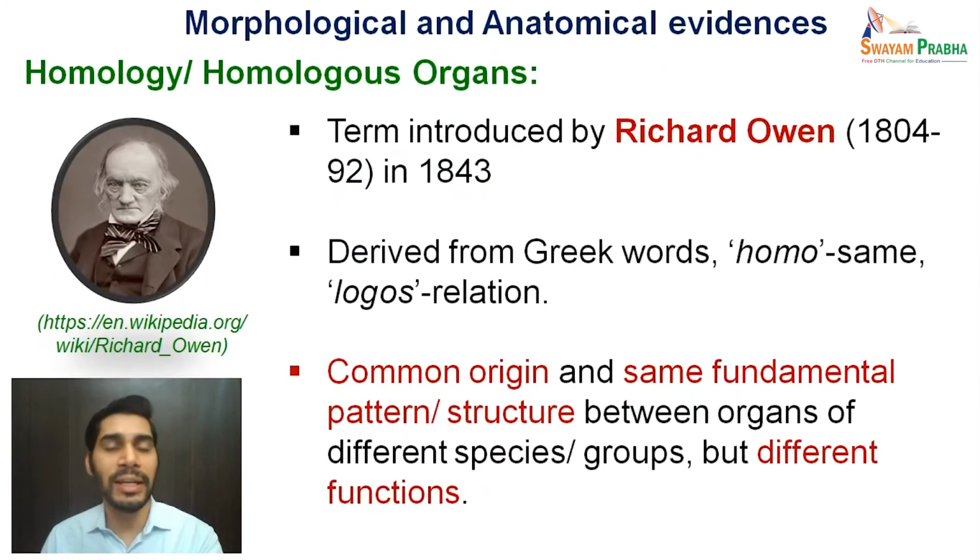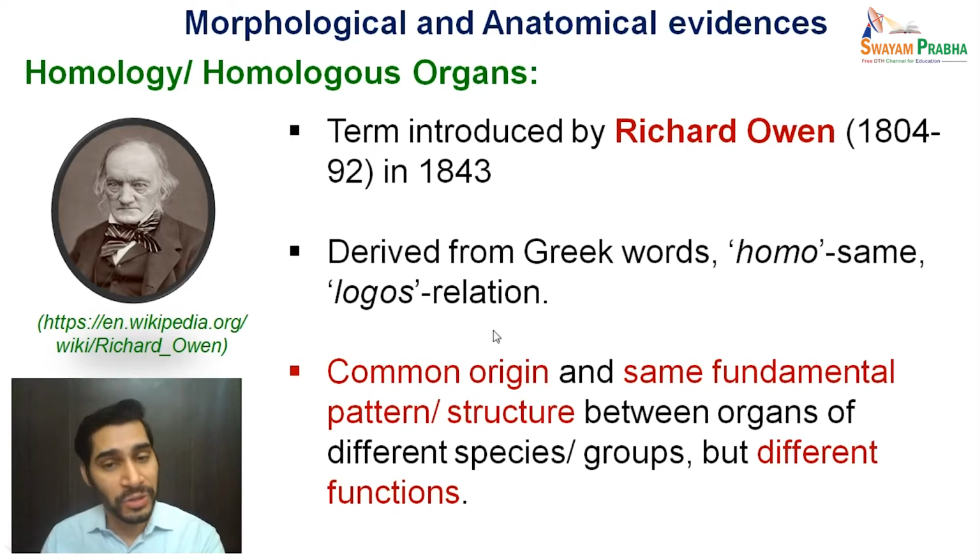So starting with the homologous organs, the term which was introduced by Richard Owen in 1843. The term homology has been derived from the Greek words homo, which means same, and logos means relation. Now what are these homologous structures or organs?